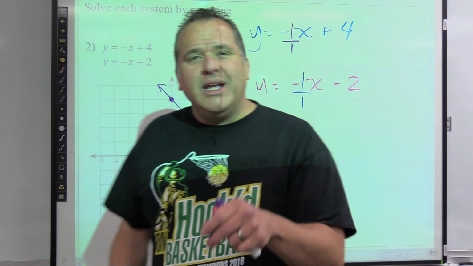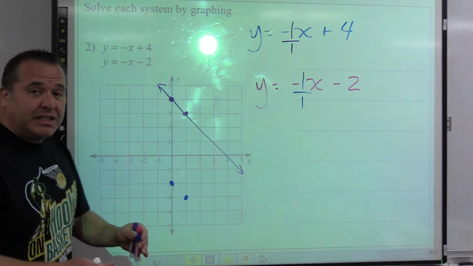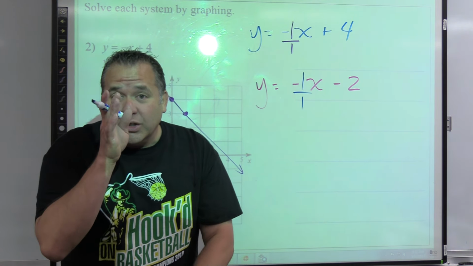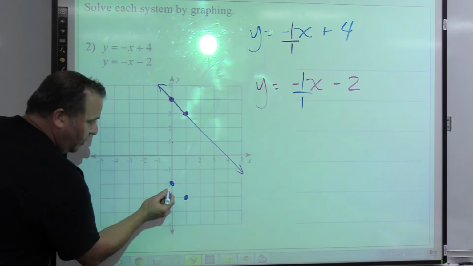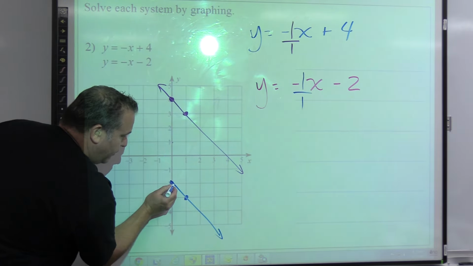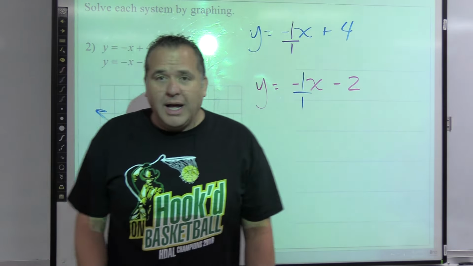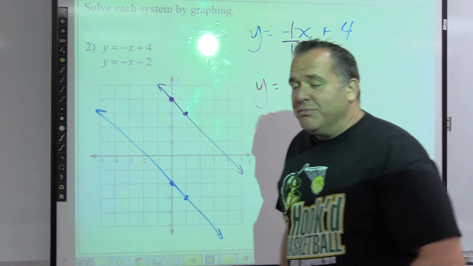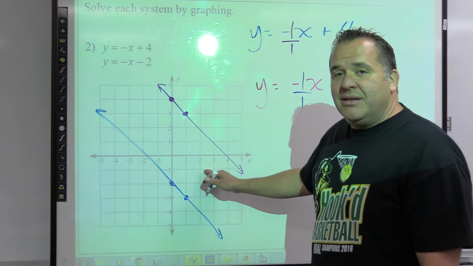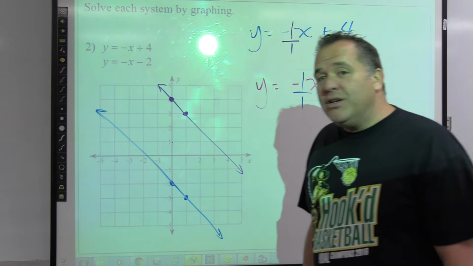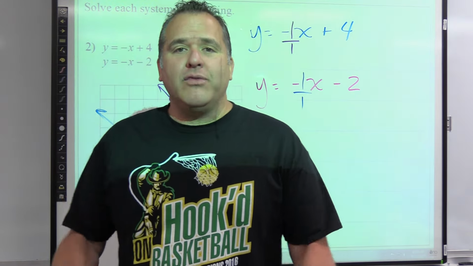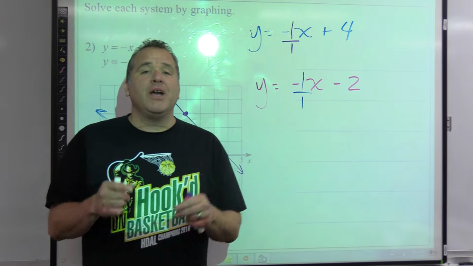Now I'm going to connect these dots and see where the 2 lines intersect, because where they intersect is my solution. So look, I drew the line. Now where do the 2 lines meet? They don't meet. They will never meet because these 2 lines are parallel.